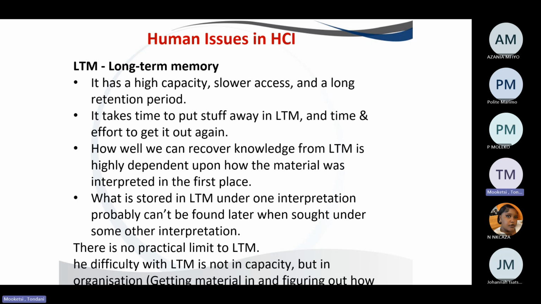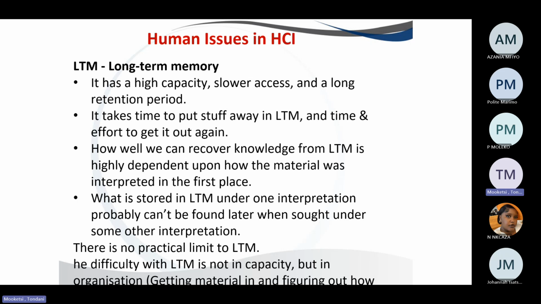How well we recover knowledge from long-term memory is dependent on how the material was interpreted in the first place. This is why understanding is most important. What is stored in long-term memory under one interpretation probably can be found later when sought under some other interpretation.